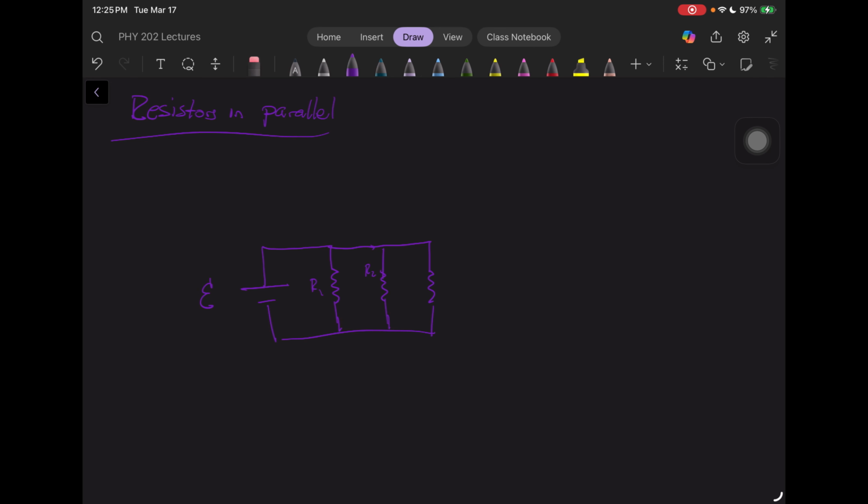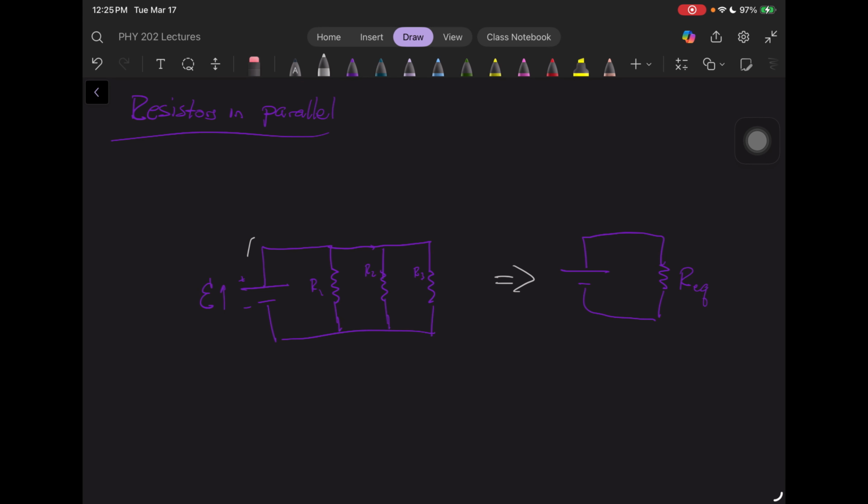R1, R2, R3. We have our batteries going this way. All right, and again, we're going to just say this is an ideal battery. And what our goal is, is to rewrite this as some R equivalent.